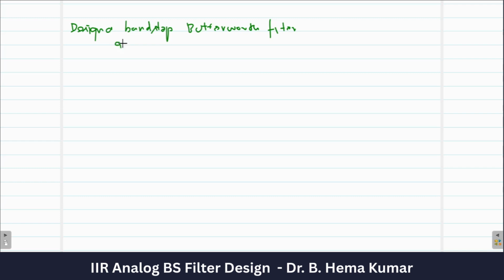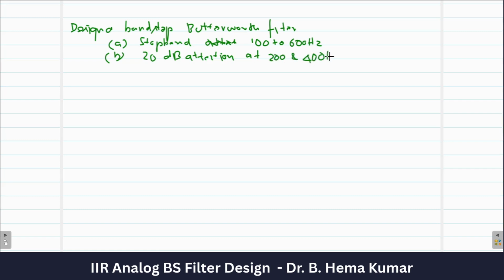So the first specification is given as stop band frequencies. The stop band is from 100 to 600 Hz. And the second specification is given as 20 dB attenuation at 200 and 400 Hz.